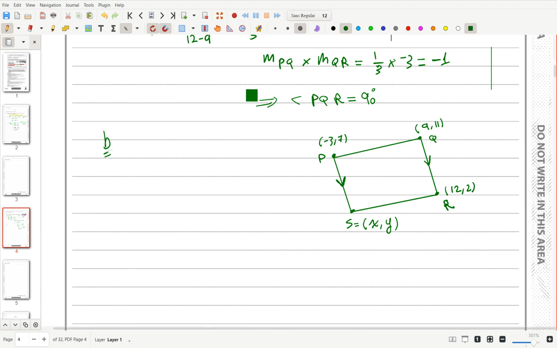The vector PS equals vector QR. Now, the vector PS is defined as the difference between the coordinates of point P and point S. The formula is x2 minus x1, y2 minus y1.